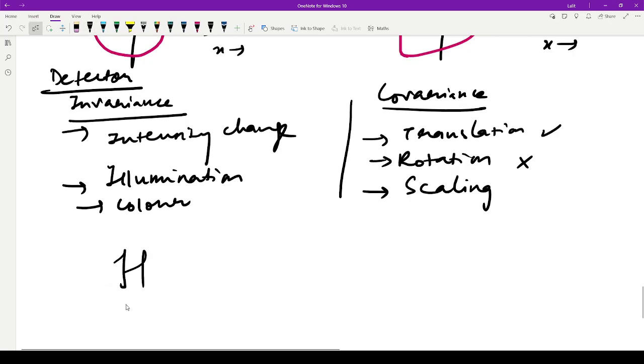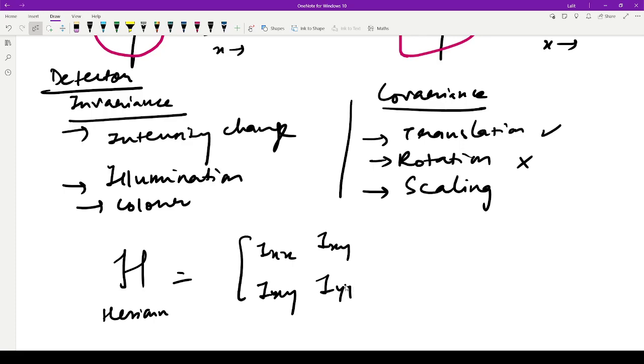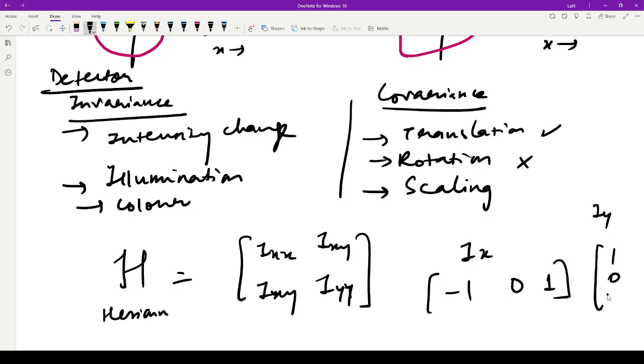If I take a matrix H, which is the Hessian, this is just the second derivative. That means you apply this derivative operator Ix twice. The general derivative operator that we have been using looks something like this for the x-axis, and Iy looks like this.